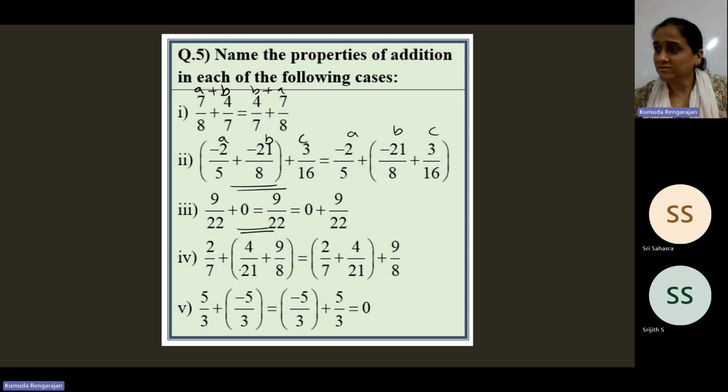This one, additive identity property. We'll not write role of 0. I just mentioned that because in some books, you can see the role of 0, the role of 1.